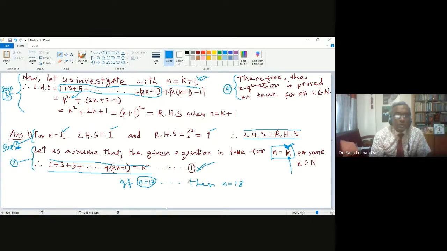So what about the repetition of this process? What about the looping? If you come back here again and start with n equal to 18, now if n equal to 18 is correct, then n equal to 19 is also correct. So you come back again and start with 19, then 19 is correct, then 20 is also correct, and then you come back again, 20 is correct, so 21 is also correct.